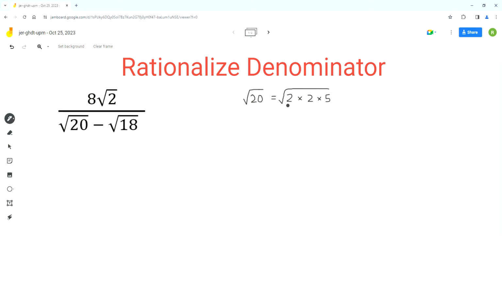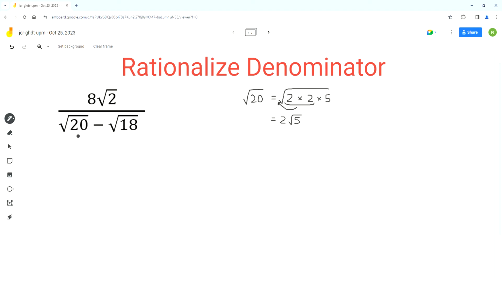Now under the square root there are two 2's. So these two 2's can come out as a single 2 in front of the square root. So the simplified form of square root of 20 is 2 times square root of 5. So 5 stays under the square root because there is only a single 5 under the square root.